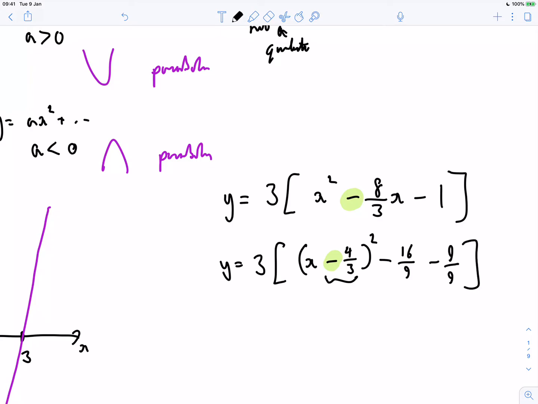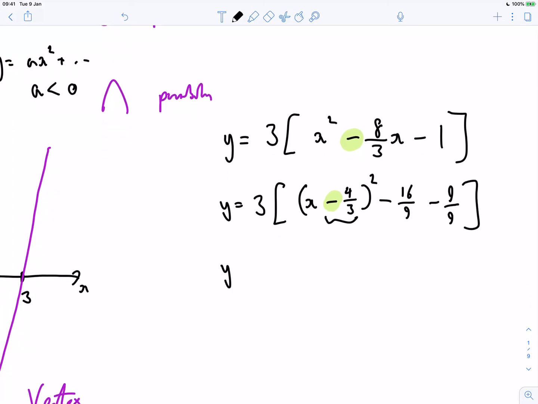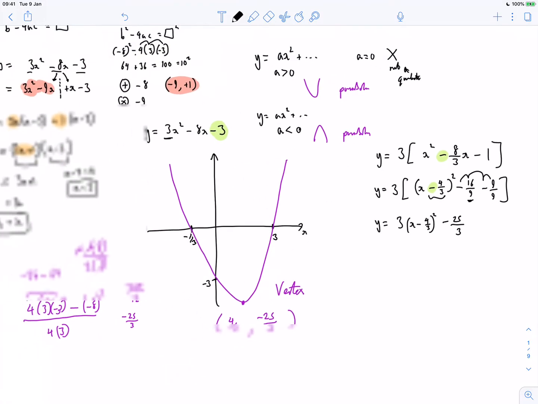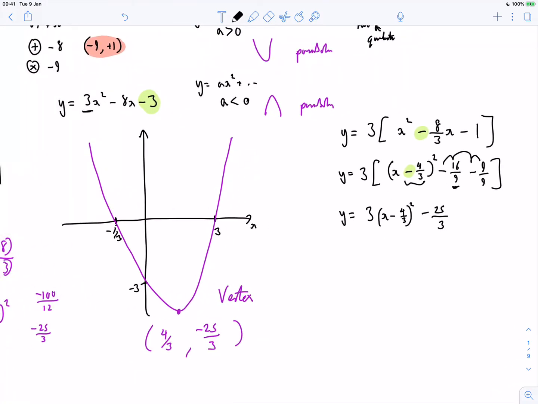Get it over a common denominator, save you some work. So y will equal 3 lots of the bracket x minus 4/3 squared, and then minus 16 minus 9 is minus 25, and it would be over 9, but because you times them by 3, it's going to be over 3.